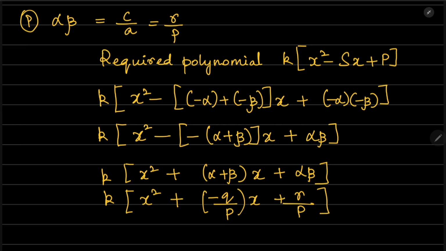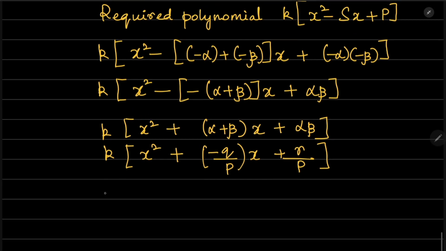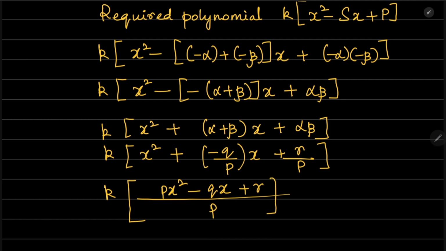Take p as the LCM, so the whole thing divided by p, you have px square minus qx plus r. You can take p outside, so you'll have k by p multiplied by px square minus qx plus r. This is the required polynomial when the zeros are negative of the given.